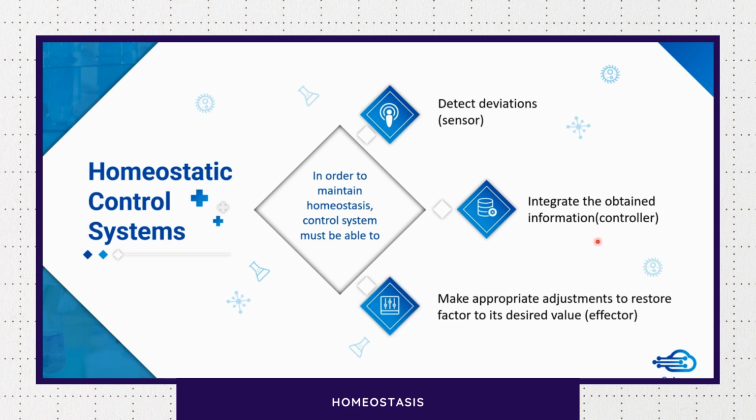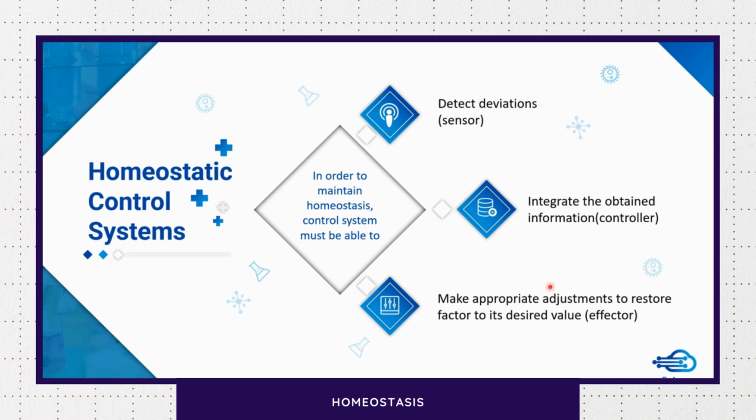And then according to the output from the control system, it should make appropriate changes in the functioning of various organ systems to restore those factors to their desired value. This is known as the effector, because that will be the executioner of the output.